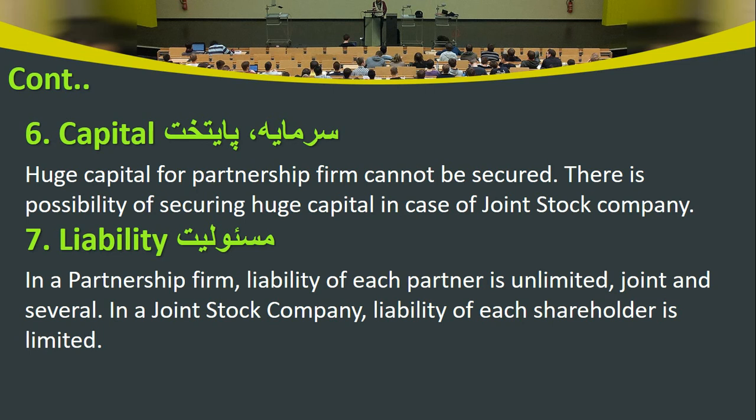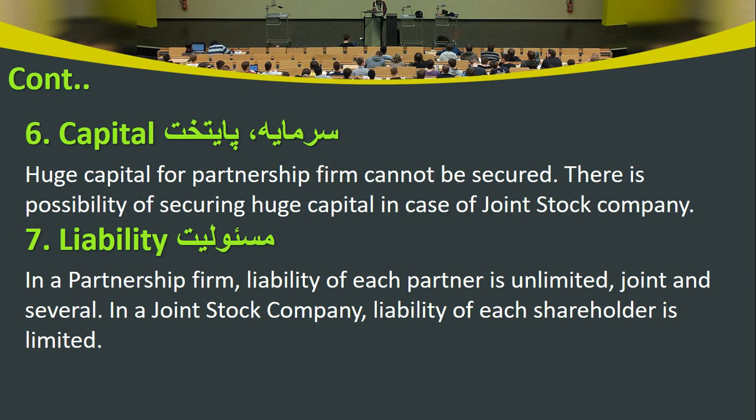Liability. In a partnership firm, liability of each partner is unlimited, joint and several, right? So liability in partnership business is mostly unlimited. If a business fails or suffers losses, the partners are liable to sell their own private property in order to fulfill the needs of the business.